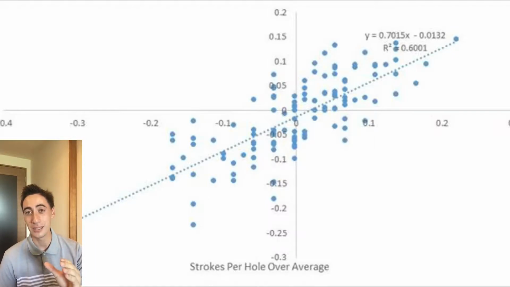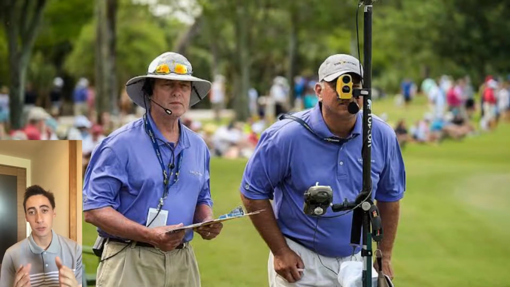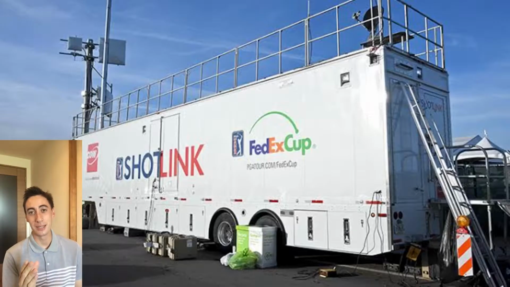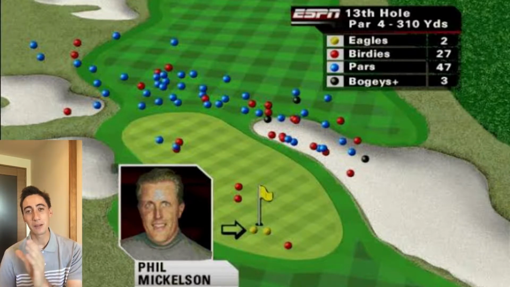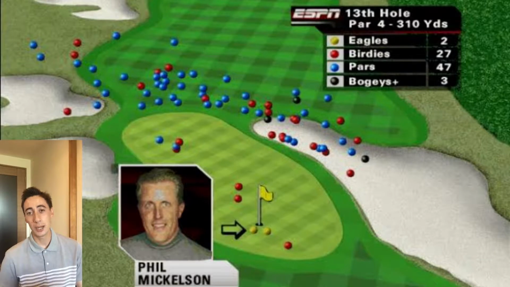They're super heavily detailed. Unfortunately, the average public can't really do that because you don't have ShotLink, a company that databases millions and millions of tour players' shots. You don't have that, but what you do have is your boy, the QB coach here, who's going to give you a modified, dumbed-down version of strokes gained, to hopefully help you establish some more statistically effective ways to play the golf course.